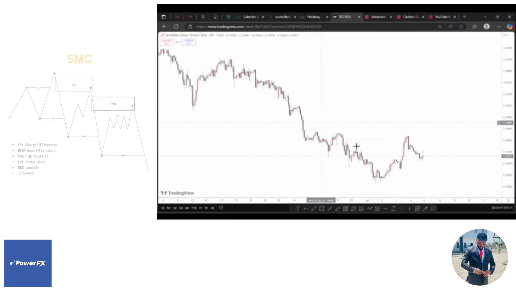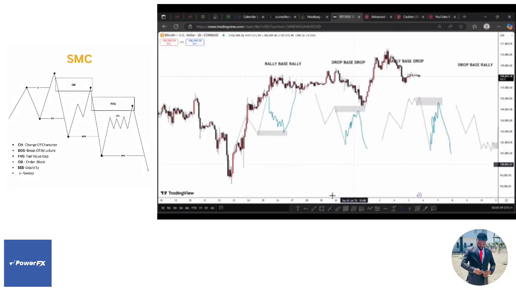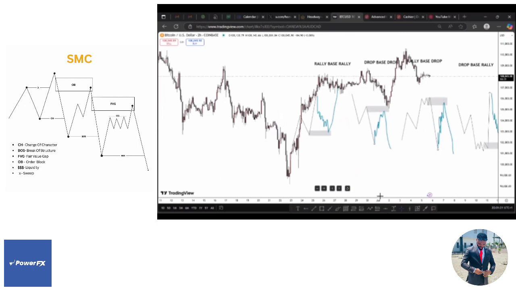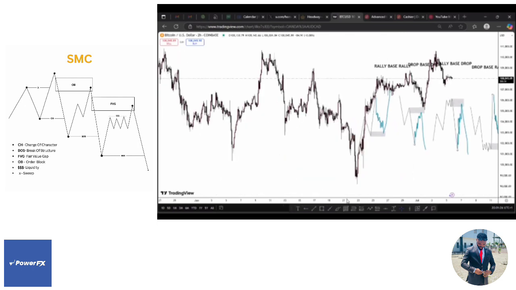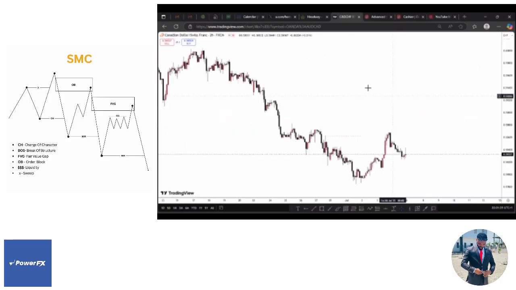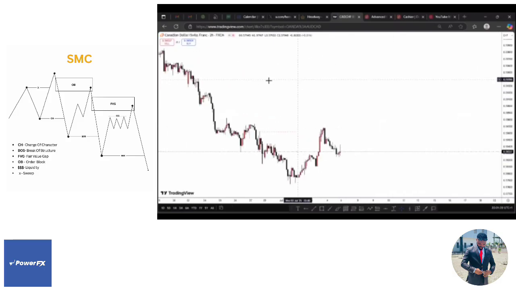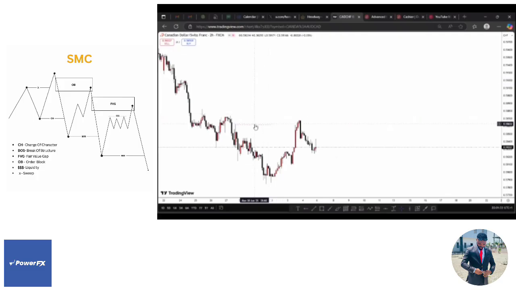If we go to other charts, the same thing is still going to happen. The market is likely going to come all the way to a certain area of liquidity and clear it. And liquidity is actually money.